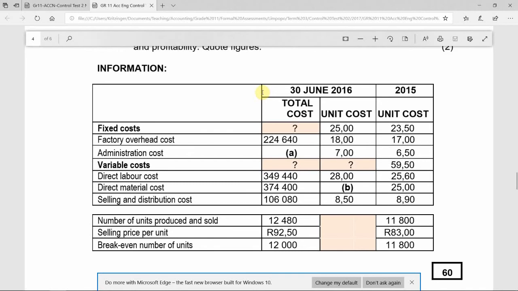We can also see that the number of units that we produced and sold increased from 11,800 to 12,480. So it's 680 units more that we produced. Our break-even number just increased by 200. So our sales and production increased by much more than the number of break-even units. That's another angle to see that would be beneficial to our business and that we in fact will make a profit.